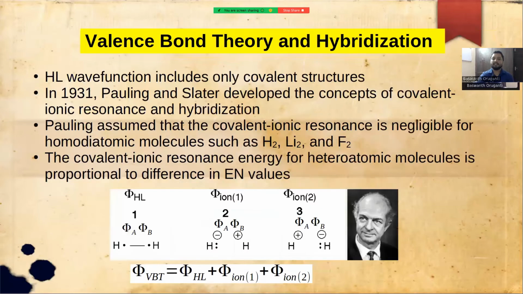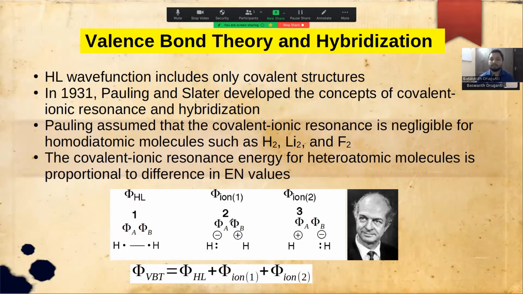Later in 1931, Pauling and Slater developed the concepts of covalent-ionic resonance and the hybridization concept. Pauling proposed that in addition to the covalent structure, we can also have two ionic structures. In one, two electrons lie on the phi A orbital and the phi B orbital is empty.